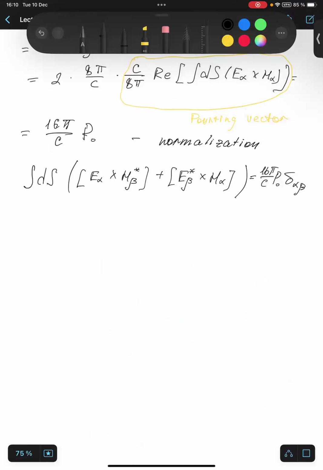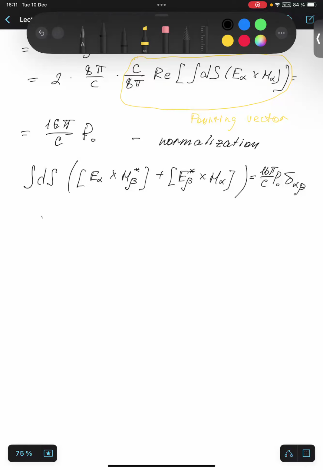So what we obtained? We obtained the reciprocity theorem. Then we made eigenmode expansion. We found the orthogonality condition, and also found the normalization of these modes. Now we can consider some examples.